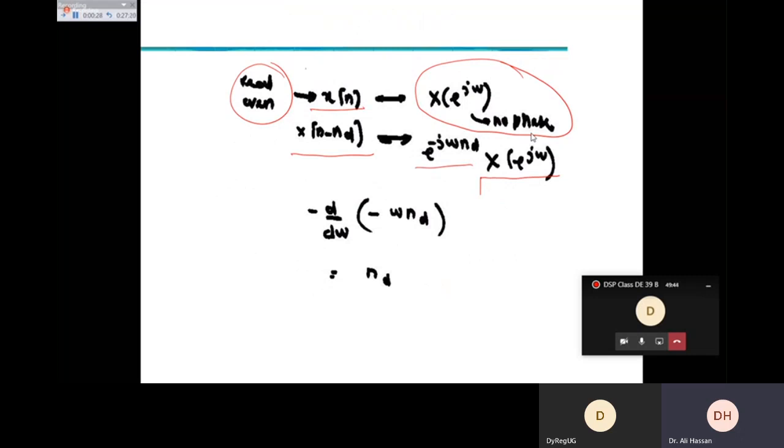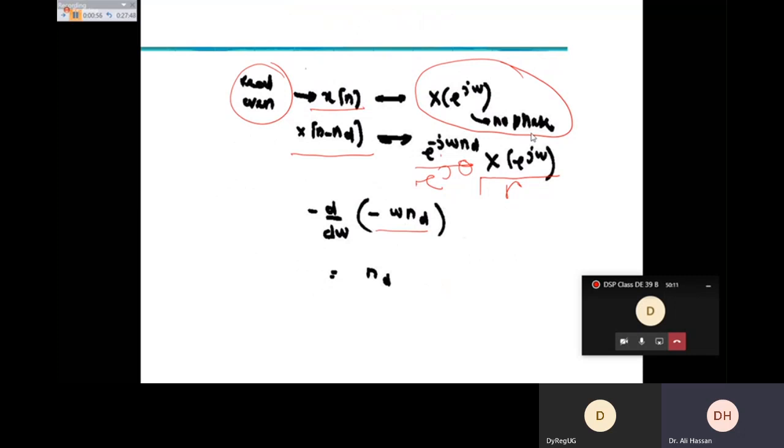So this is the classical form where this is r, this is exponential j theta. So theta is minus omega nd. Now you take the negative derivative of this, you get nd. So nd is the group delay. So group delay is a constant. It is the derivative of your phase response.